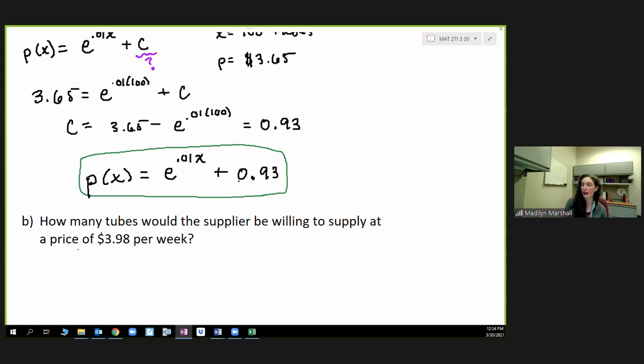Oh wait, no, sorry, I was reading the question wrong. This is not a c in action question. So how many tubes would the supplier be willing to supply at a price of $3.98 per week? So we have our function that we found.